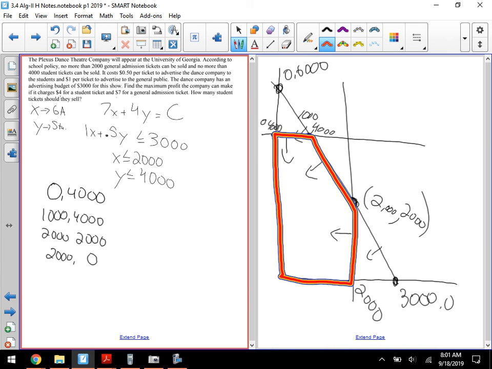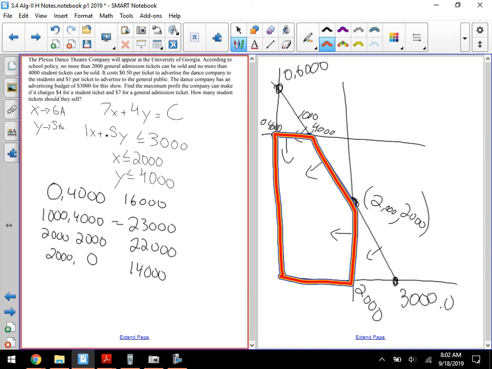We're substituting in to our objective. 7,000 plus 16,000, 23,000. $22,000 and $14,000.